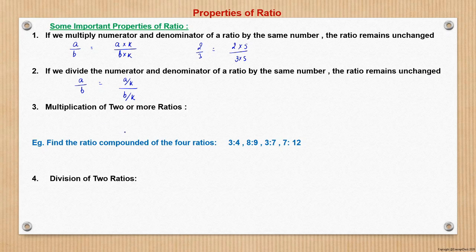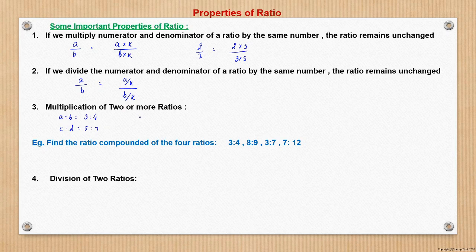Now multiplication of two or more ratios. Now say there are two ratios. First of all, a is to b is given as, say, 3 is to 4, and then c is to d is given as 5 is to, say, 7.